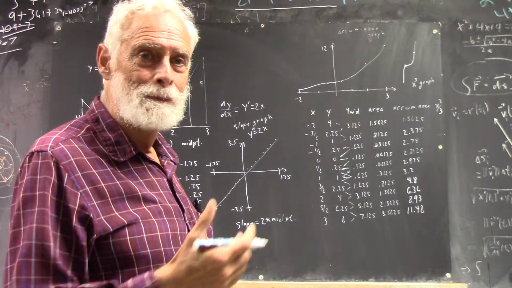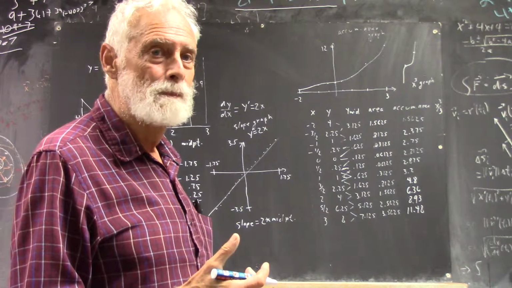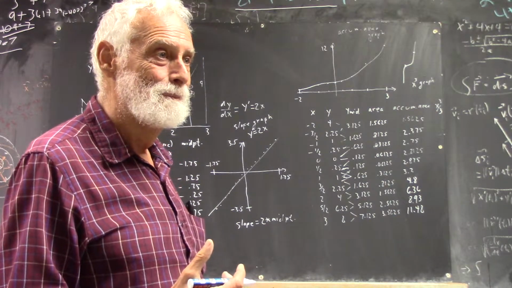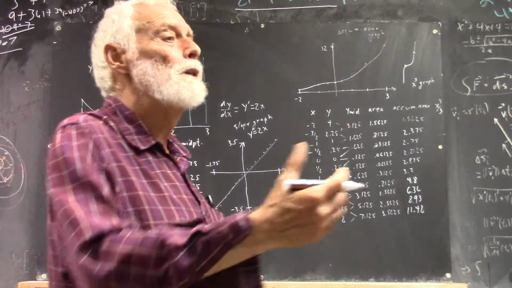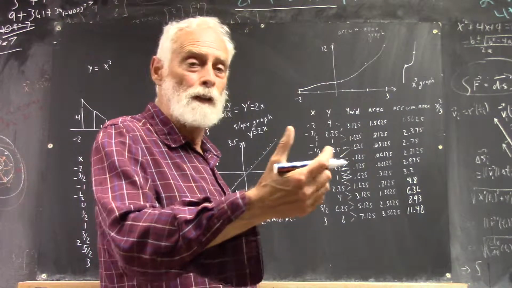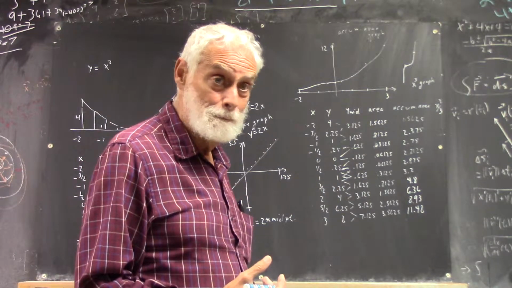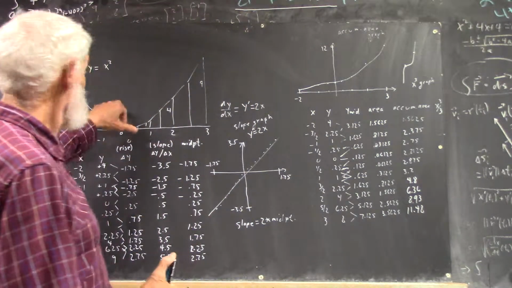Because, to put you on the spot again, what's the derivative of x cubed? 3x squared. And what's the derivative then of x cubed over 3? Well, if you divide 3x squared by 3, you get x squared, right? So that's what we started with.